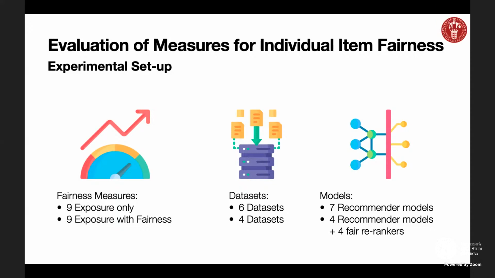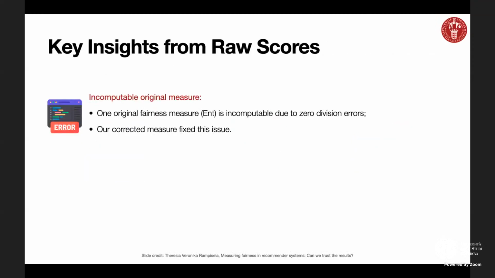We considered different data sets, 6 in one case and 4 in the other, and different recommender models. So here we work with recommender systems, but you can think about ranking. At the very end, what we evaluate are the rankings of items.